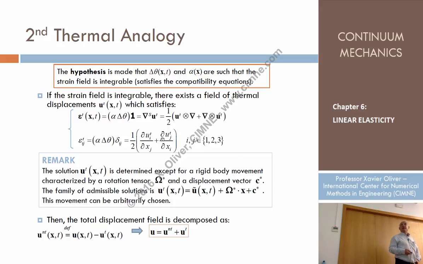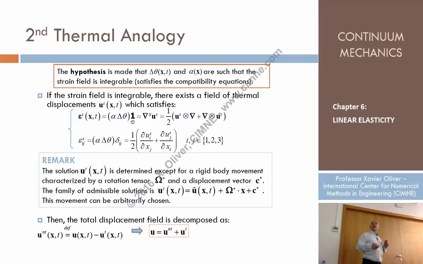In order to have some strains and obtain the corresponding compatible displacements, we need something to be fulfilled by these strains: compatibility equations. So if I give you a general, invented, made up strain field, it's not always integrable, in the sense that there's not always a displacement field that fulfills these equations.